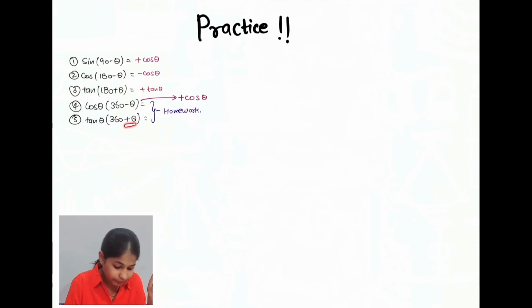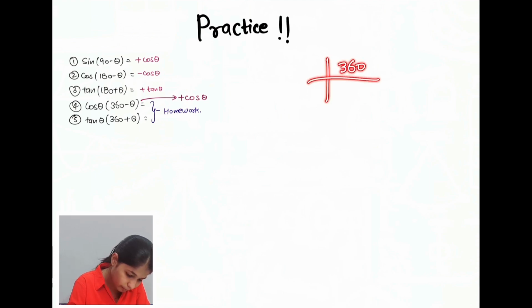Then tan theta, 360 plus theta. Sorry, there is some problem. It is written here 360 by mistake, it should be 360 minus theta, which will be in the fourth quadrant. But in case of 360 plus theta, this question is wrong, I think.